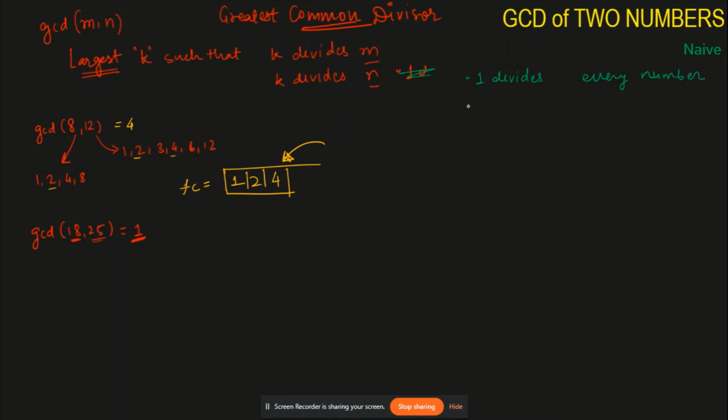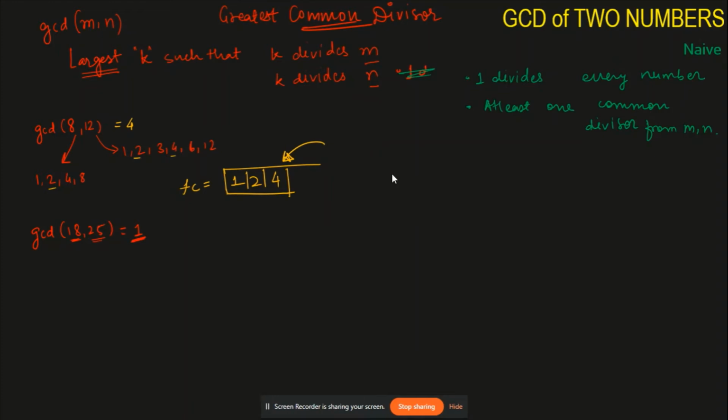We're going to have at least one common divisor of m and n.